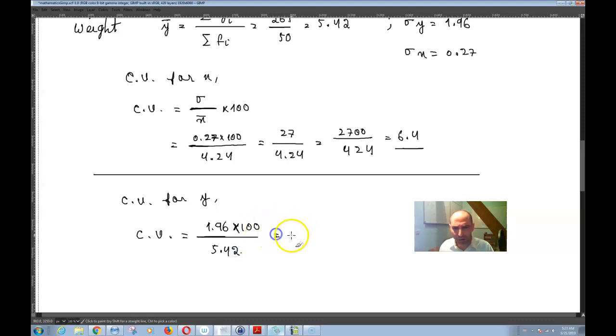So that's the same thing as 196 divided by 5.42, which is the same thing as 19600 divided by 542.